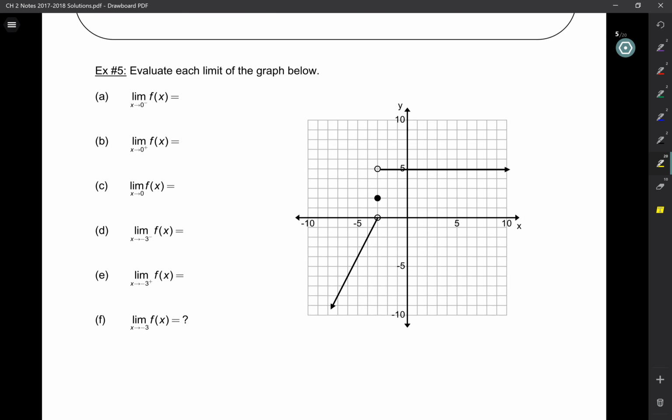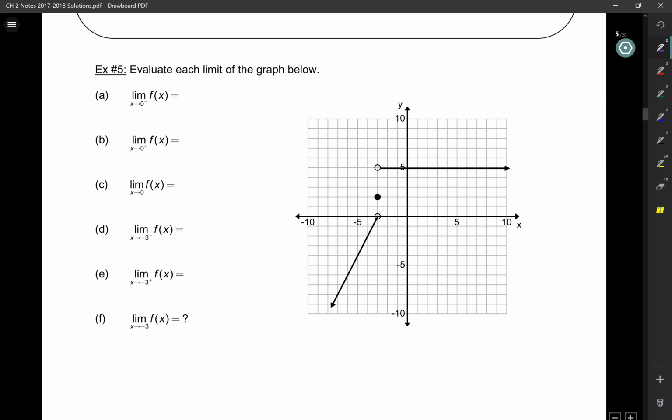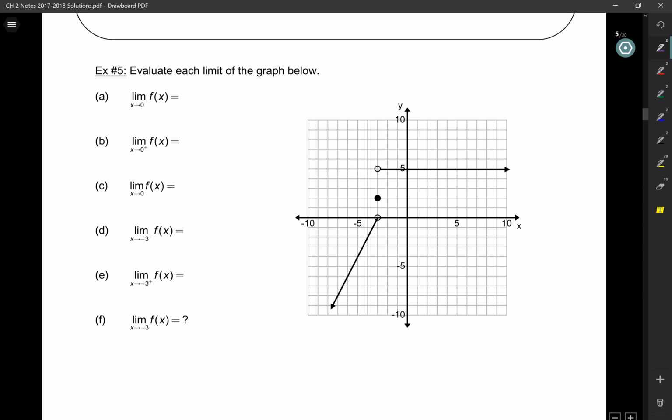Okay. Evaluate the limit. So the limit of f of x as x approaches 0 from the left. So as x approaches 0 here, what value? It's approaching 5. As I'm approaching the limit as x approaches 0 from the plus side, what value is it approaching? 5.